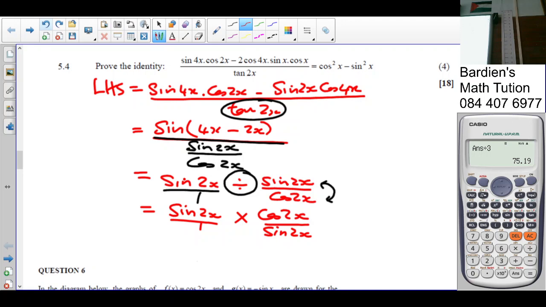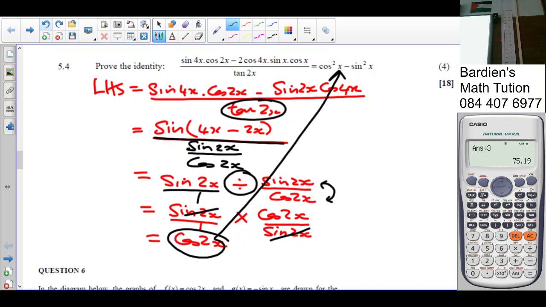So what I can do at this point is cancel the sine 2x's. Then I'm left with cos 2x. But if I do the comparison for the left and right hand side story, I haven't done the job as yet. But what you should note is that cos 2x can be written as 1 of 3.